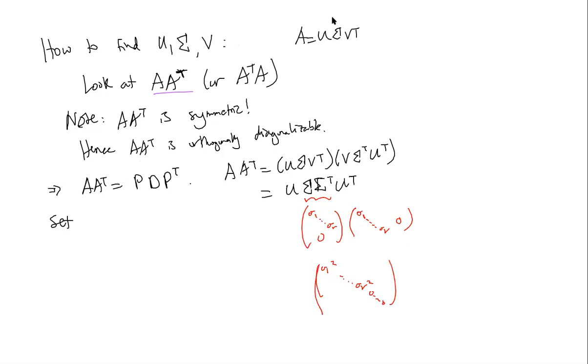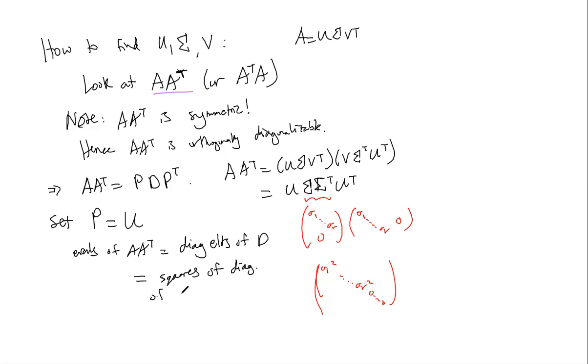So we set P equal to U, essentially. And the elements of D are going to be the squares of your sigmas. So the eigenvalues, which equal the diagonal elements of D, we're going to set equal to the squares of the diagonal elements of sigma.